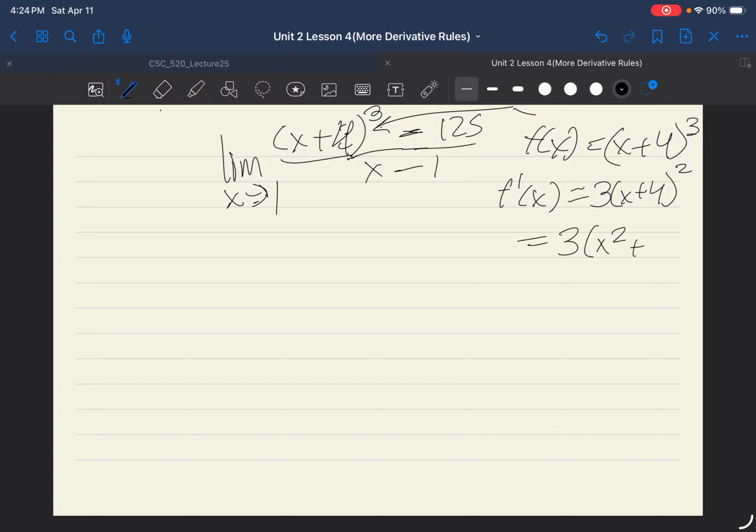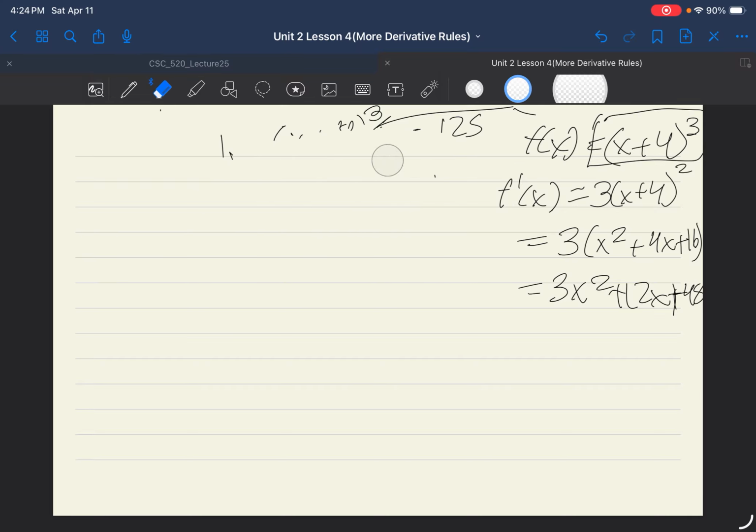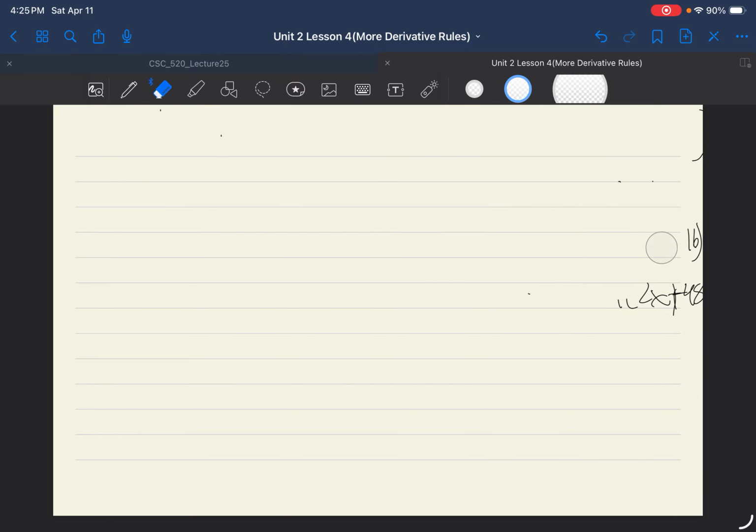But for now, just expand this out and then do it that way. 16, which is going to be equal to 3x squared plus 12x plus 48, which is what you should have gotten, unless I made a mistake, which I will check now, and I did not make a mistake. All right. So that's one of the ways they can get you.